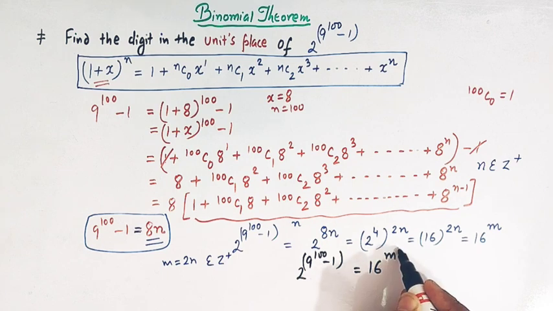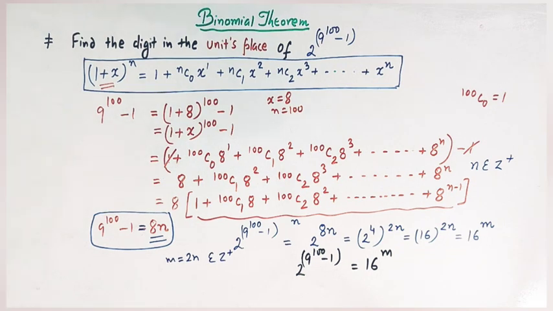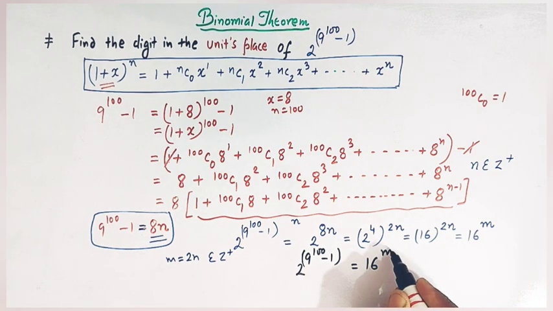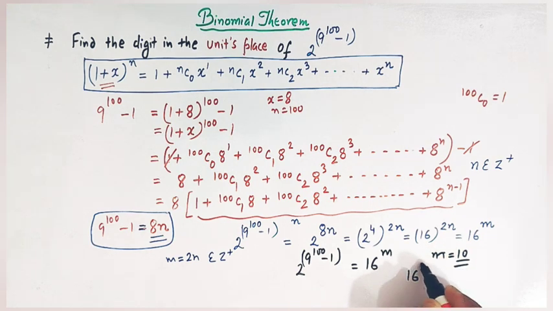Now see, whenever m has any integral value, the product of all the 16s will give us 6 in the units place. For example, say m is equal to 10, then we have 16^10. When we multiply 16 ten times, we always get 6 in the units place.